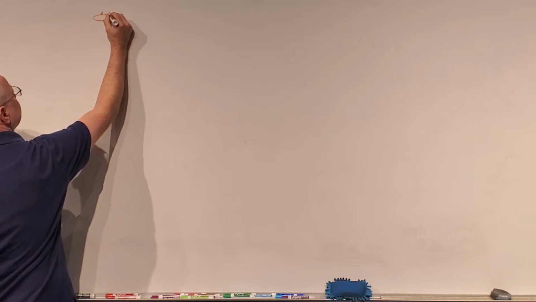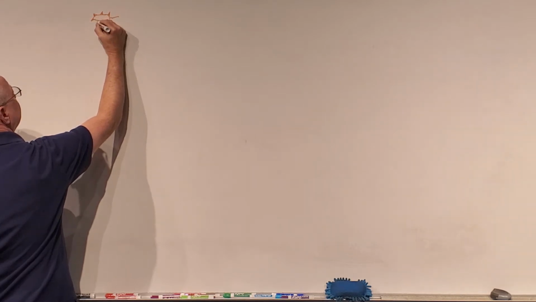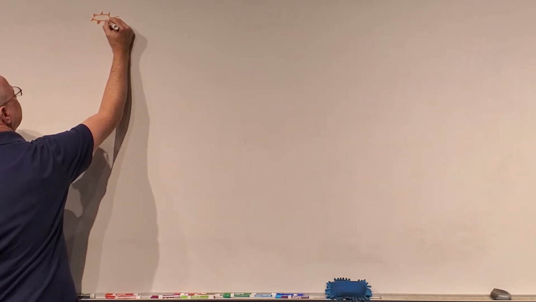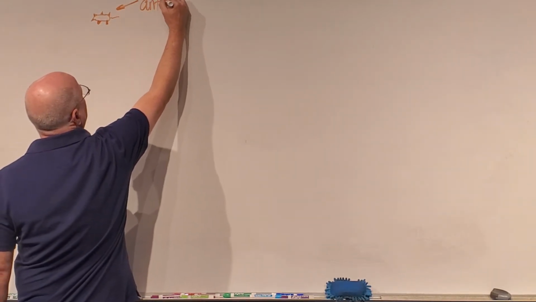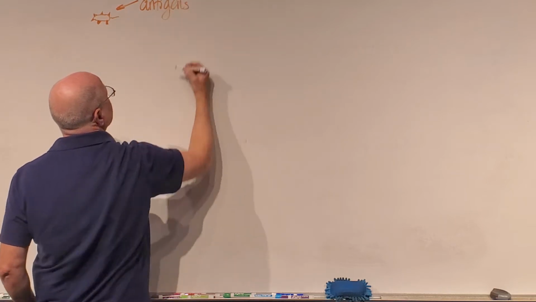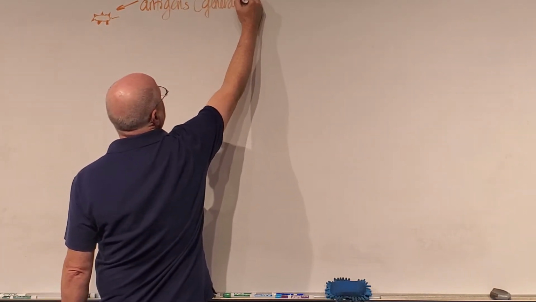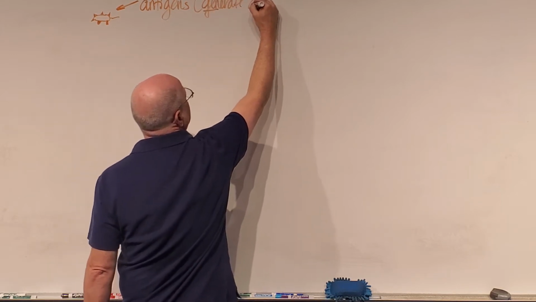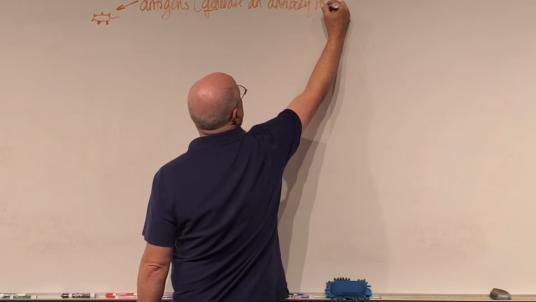This bacterium has on its surface a bunch of proteins, and there can be different proteins. I'm going to give them different shapes. Those proteins on the surface of a foreign cell are called antigens. They're called antigens because they generate, that's the gen part, an antibody response.